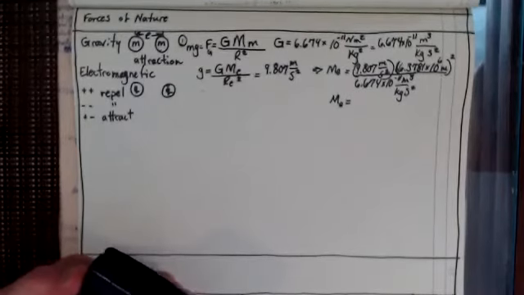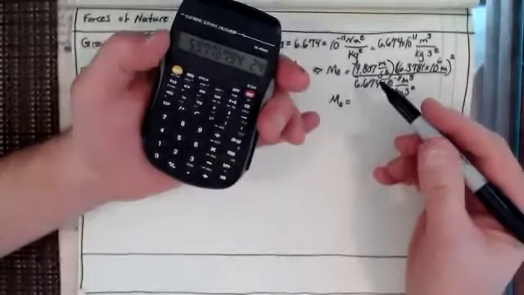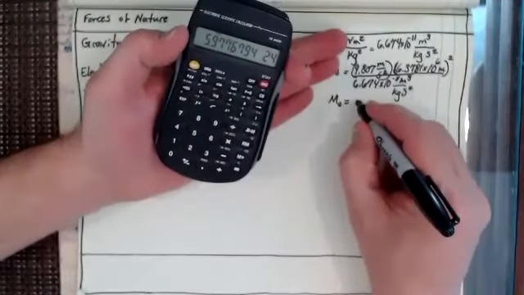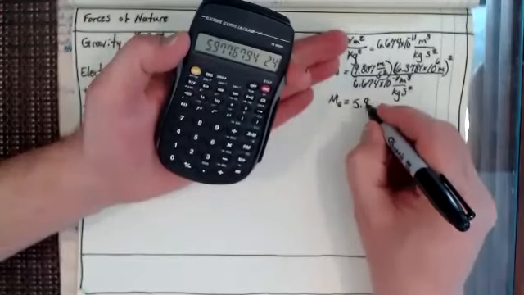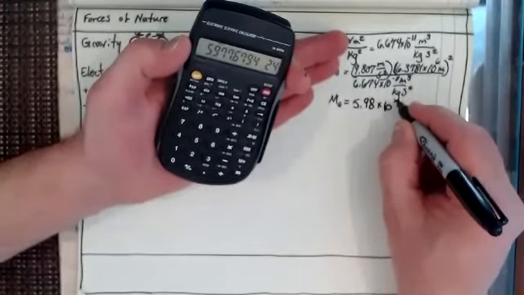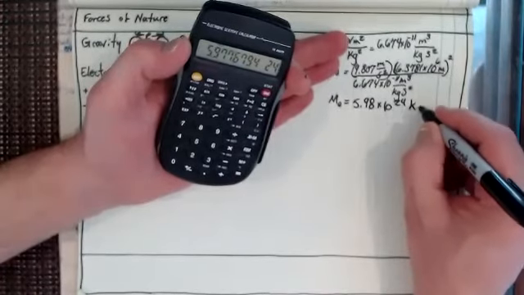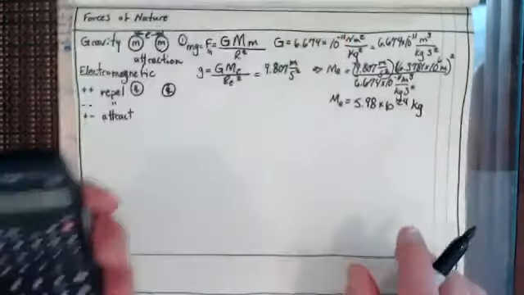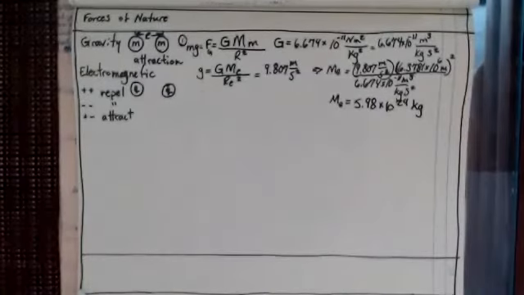Oh, I get 5.977. So let's say 5.98 times 10 to the 24. And of course, when we work out the units, that would be kilograms. So 5.98 times 10 to the 24 kilograms is the mass of the Earth.